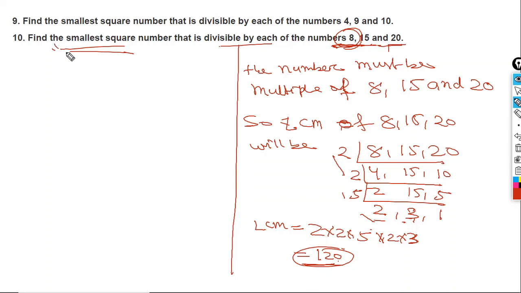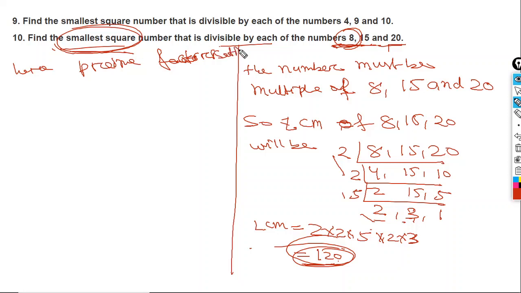But we need the smallest square number. Is 120 a square number? Let's find the prime factorization of 120.